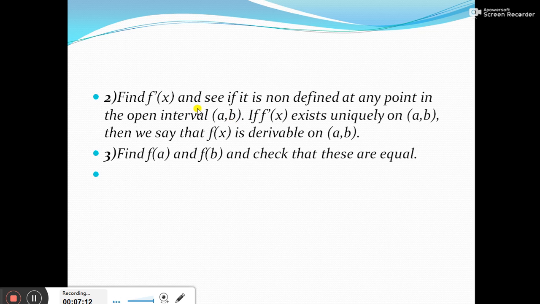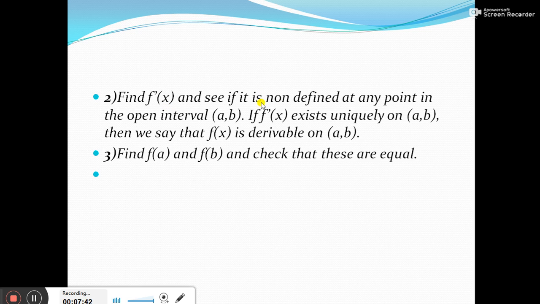That means when you see f'(x) in the interval (a, b), is there any point in this interval where f'(x) does not exist? If f'(x) is something upon 0, that means infinity, then you can say the function is not differentiable.